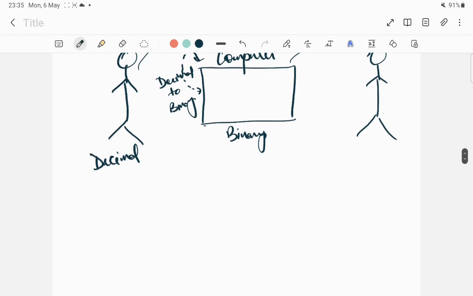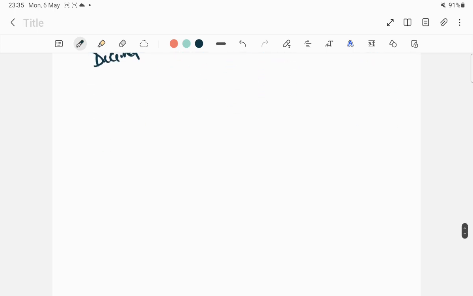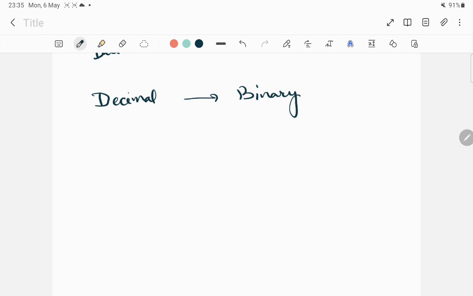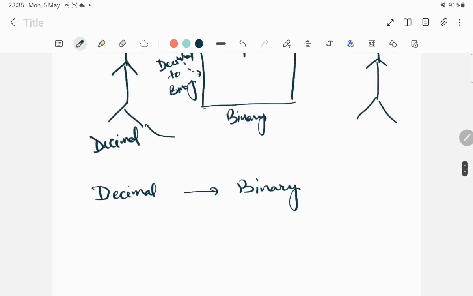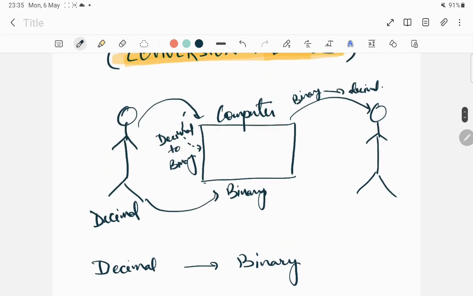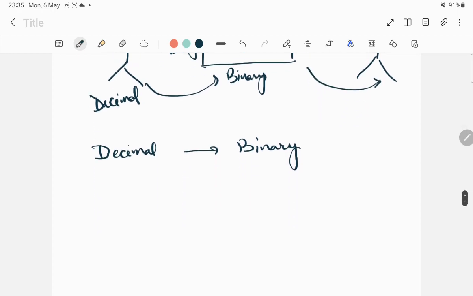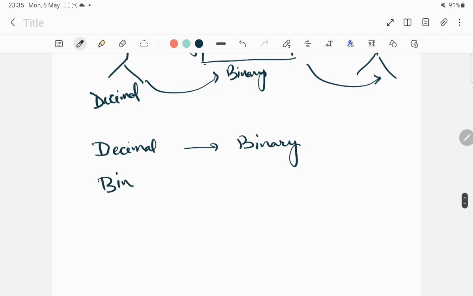So from this we have understood that there is a need to understand how decimal to binary conversion happens. And in the second stage, we will understand how binary to decimal conversion happens.